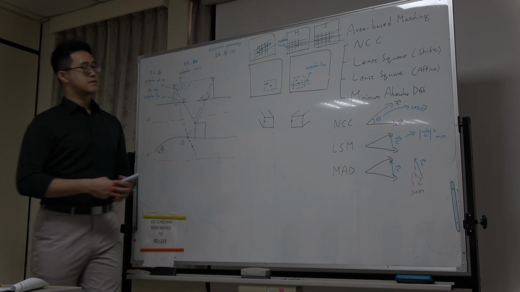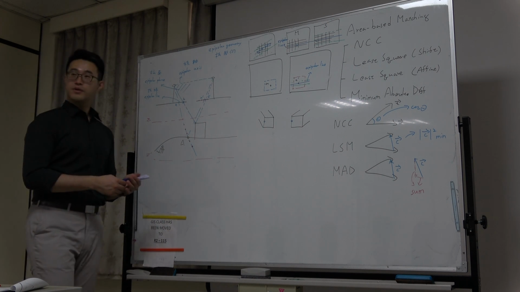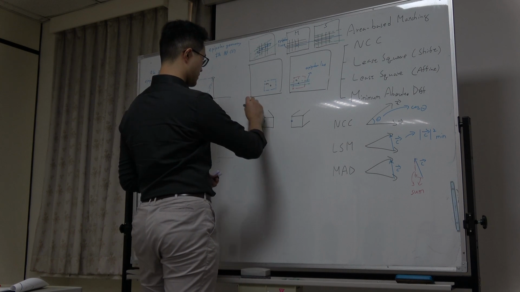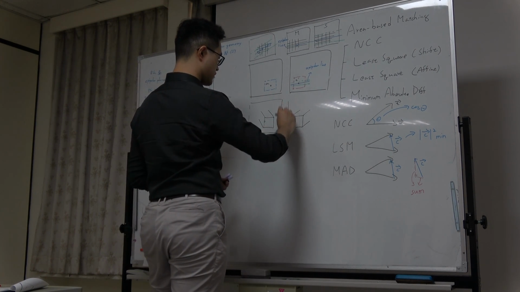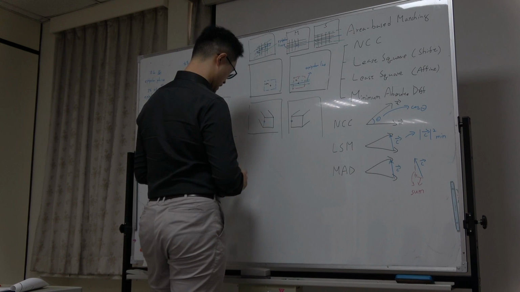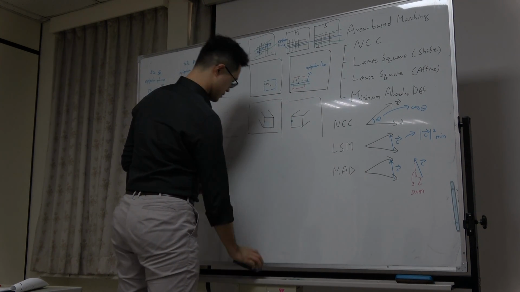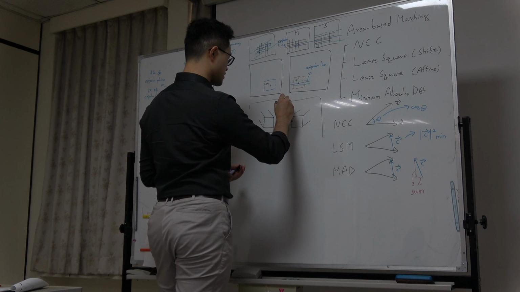Can you guys understand what I'm drawing? This is from the master image. This is from the slave image.